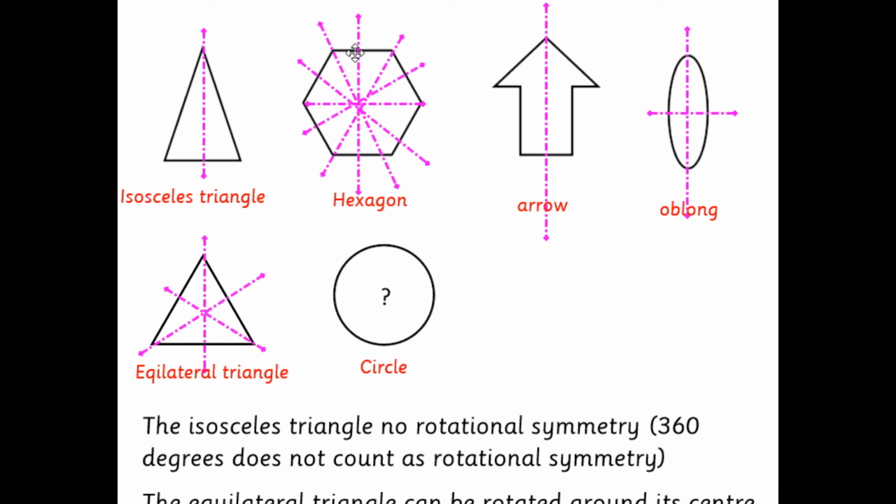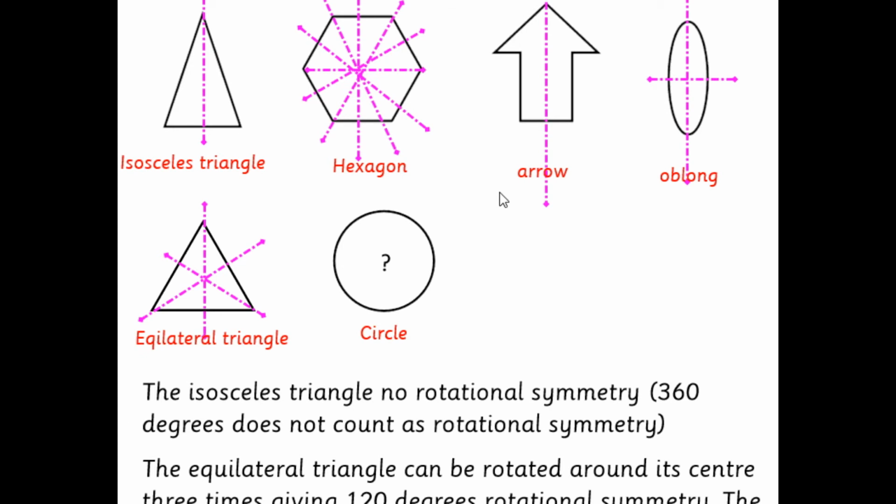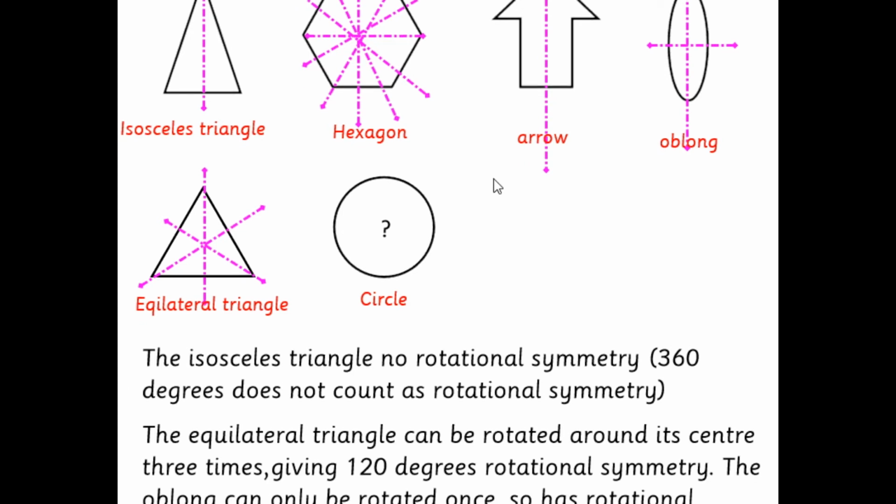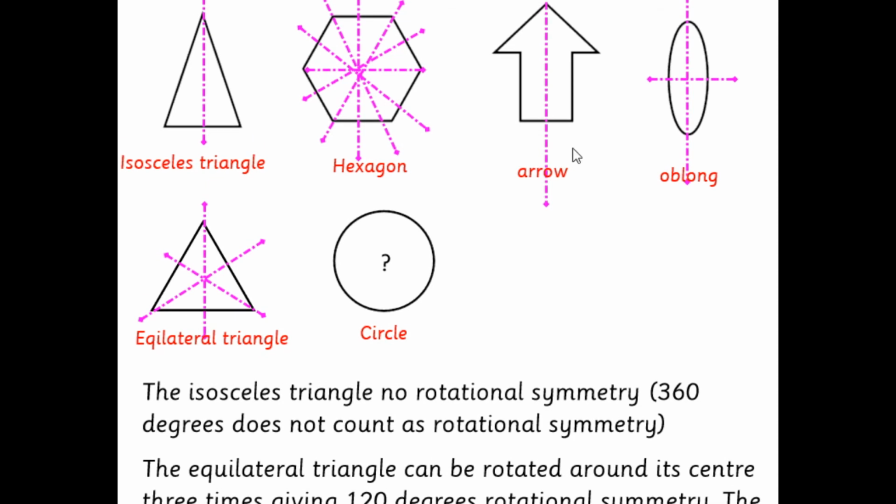So it's got 6 lines of symmetry, or down here, 120 degrees rotational symmetry. The oblong can only be rotated once, to there, and then back to there, 180 degrees.